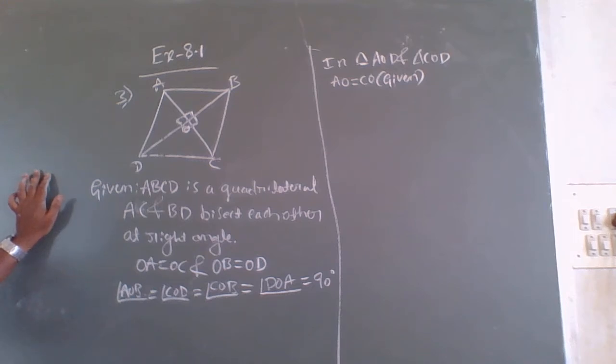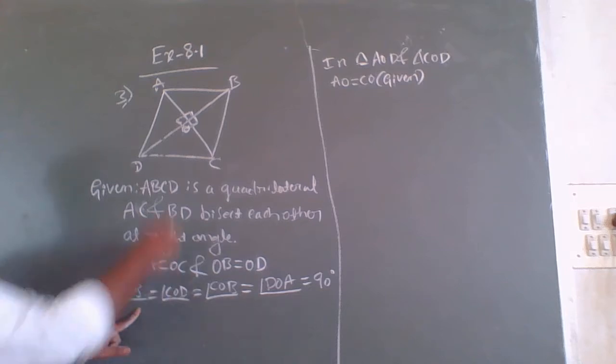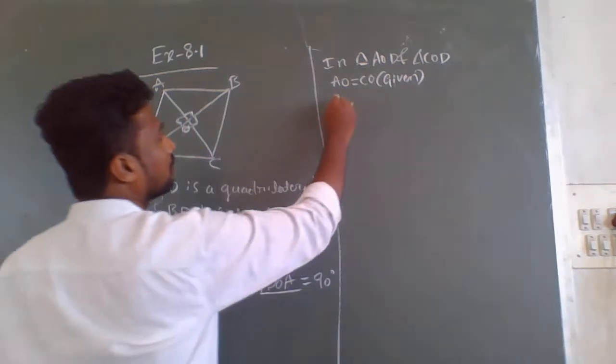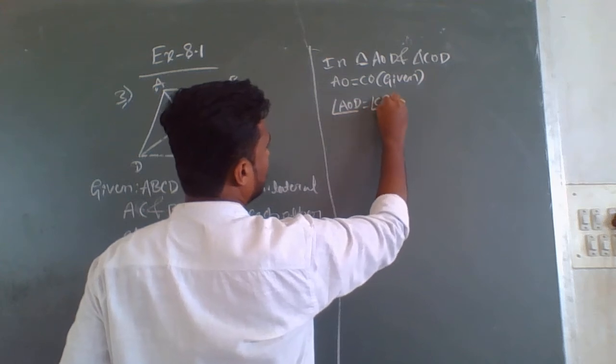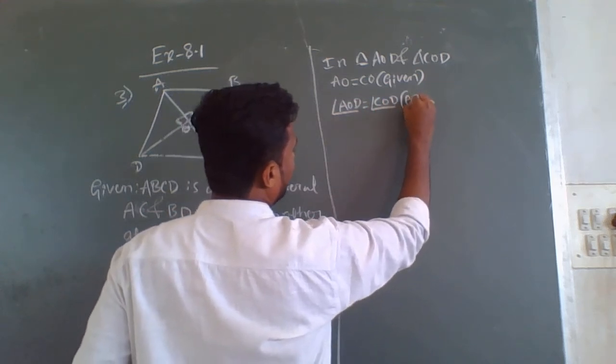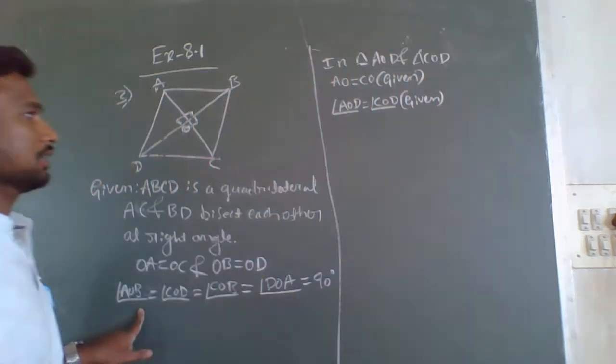Now we can write angle AOD is equal to angle COD. Here we are writing this because all the angles are 90 degrees only. Therefore angle AOD is equal to angle COD. This is also given because they perpendicularly bisect each other.